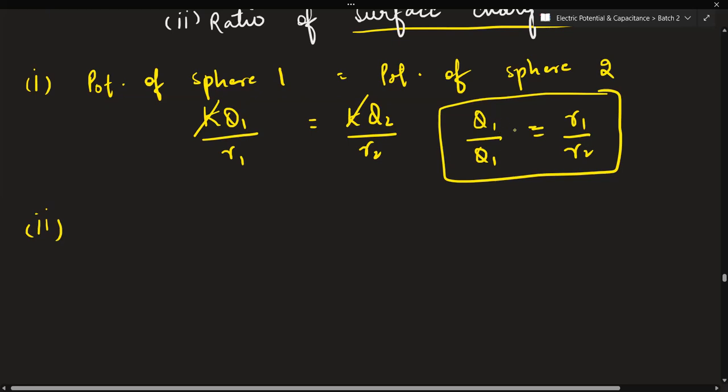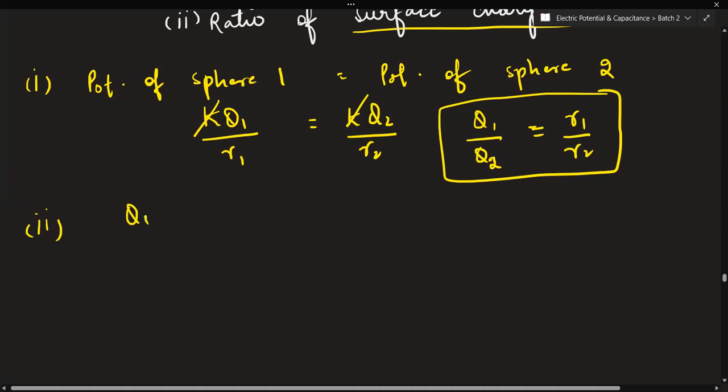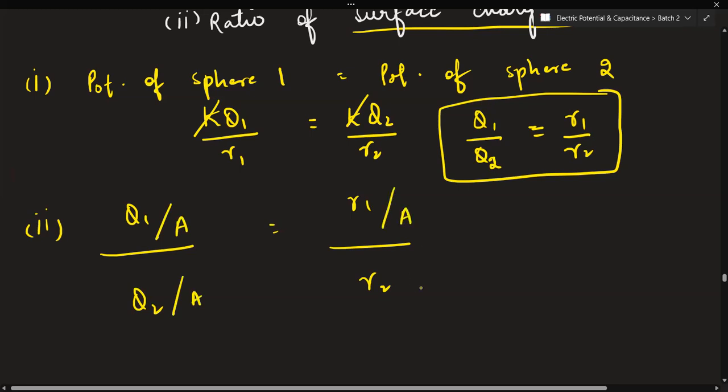So if I divide each term by area, there won't be any effect on my answer. It's just that I'll be getting Q1 by A and Q2 by A as sigma 1 by sigma 2. This is the definition of sigma 1 and sigma 2.